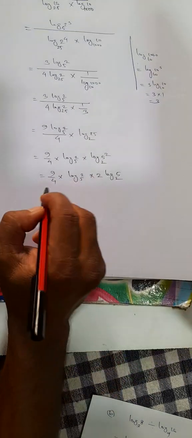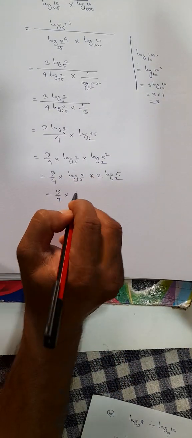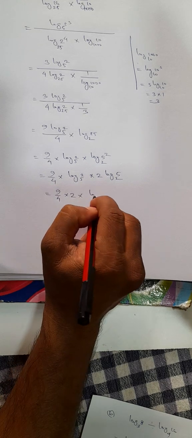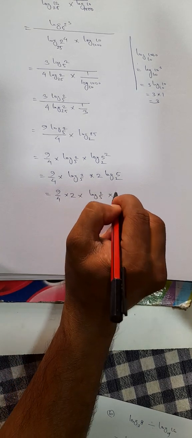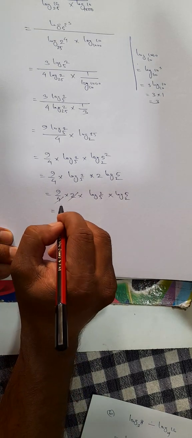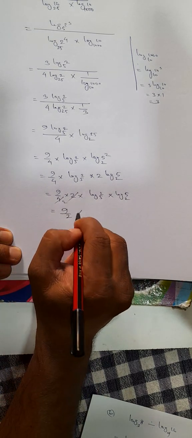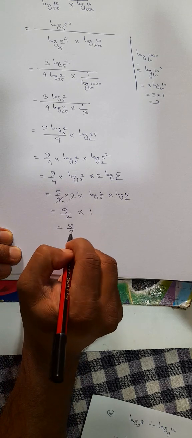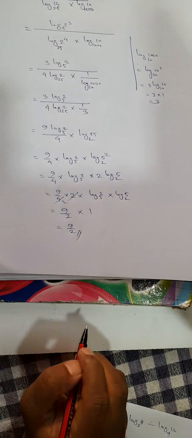So let us simplify this. 9 by 4 into 2 into log 2 to the base 5 multiplied by log 5 to the base 2. So this becomes 9 by 2 into 1. Answer is 9 by 2. This is the simplified answer.